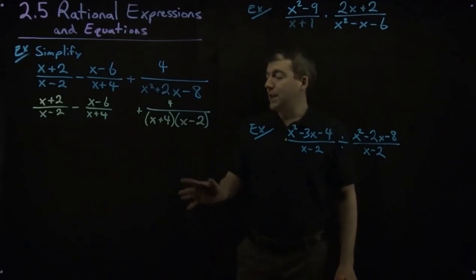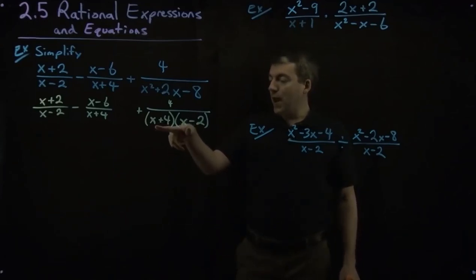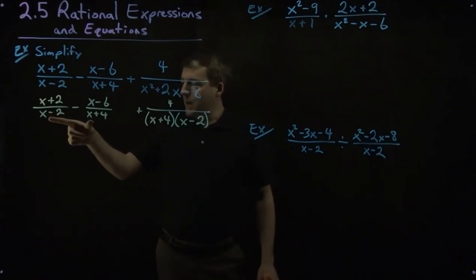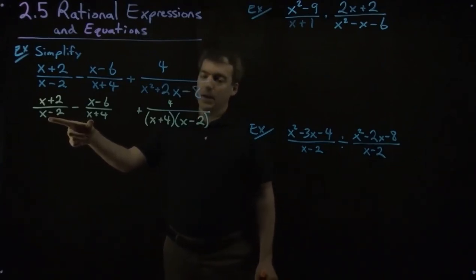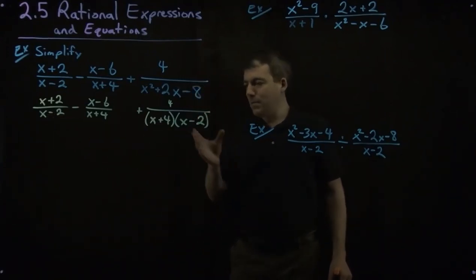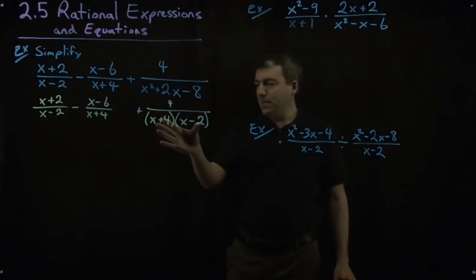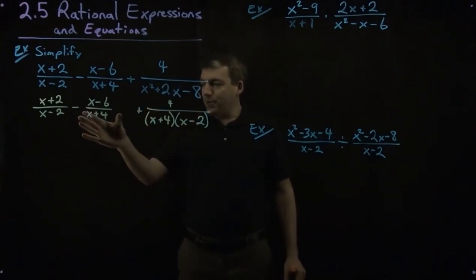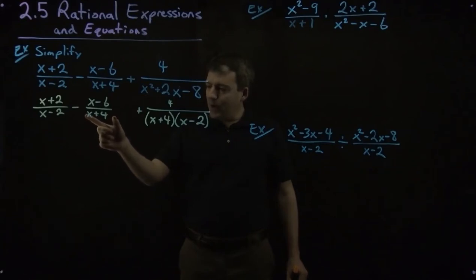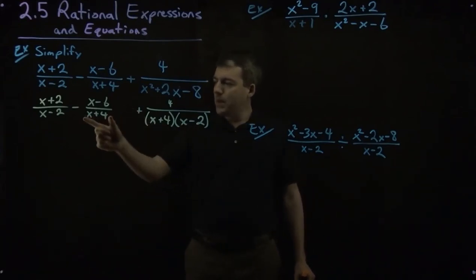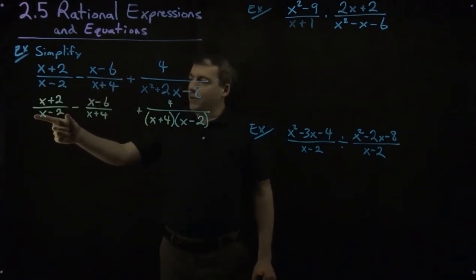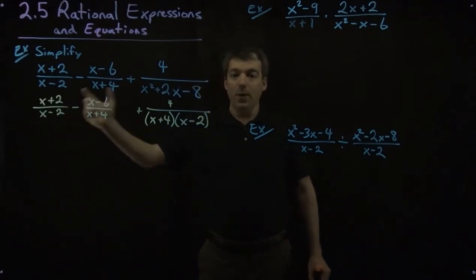Now, very nicely, these two factors are the same as these two factors. Right? So to make a common denominator, we won't have to do anything to this term. With this rational expression, we need to introduce a factor of x minus 2. And with this one, we need to introduce a factor of x plus 4. Right?